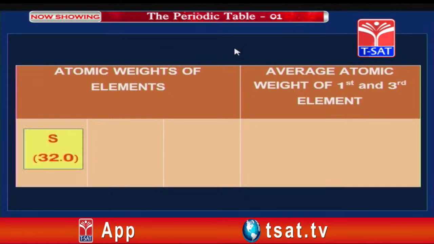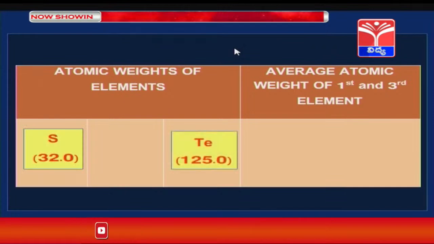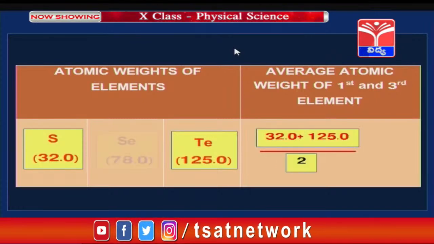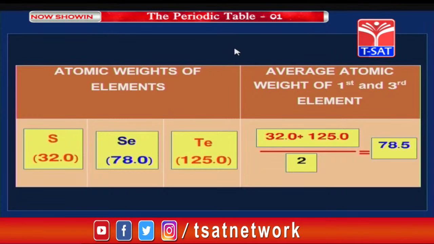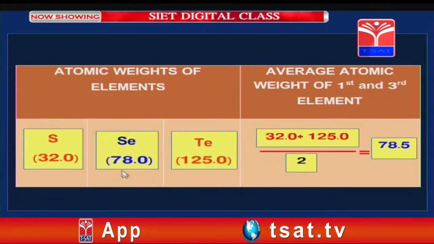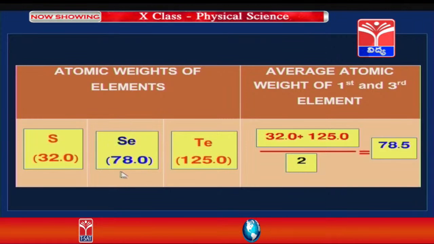Fourth triad: sulfur, whose atomic weight is 32, and tellurium, whose atomic weight is 125. The average atomic value of these will be 78.5, which is almost matching the atomic weight of selenium. It is the middle-most element.